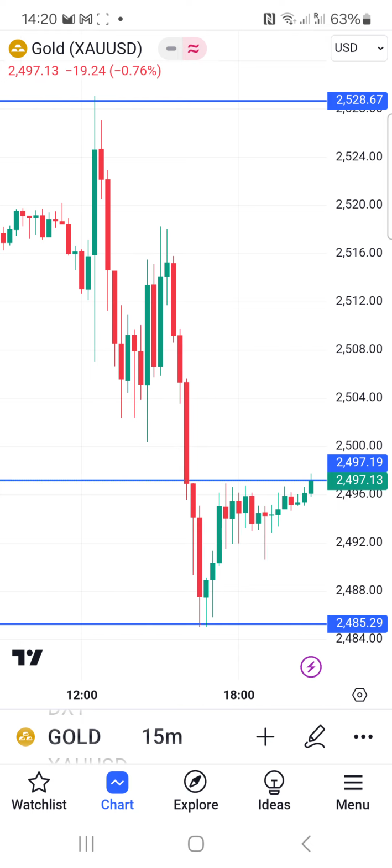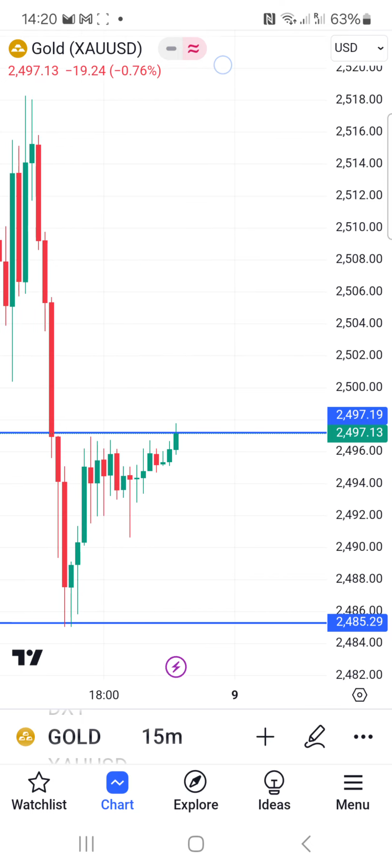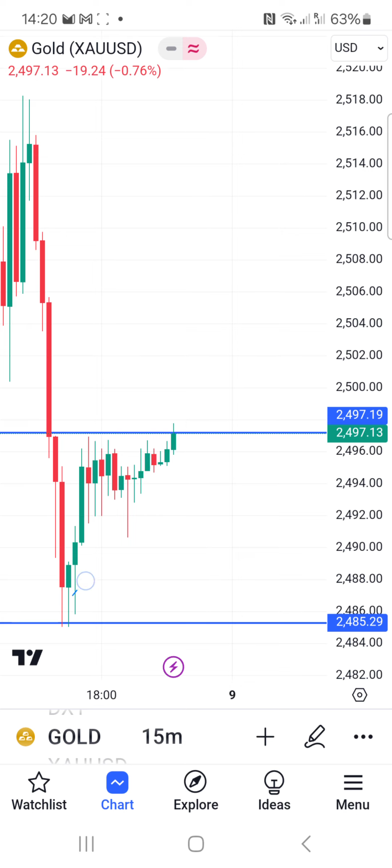You can say it's bullish. It's in a bullish trend. It's forming higher highs and higher lows. So it's going up, but it has reached an important area, this area.